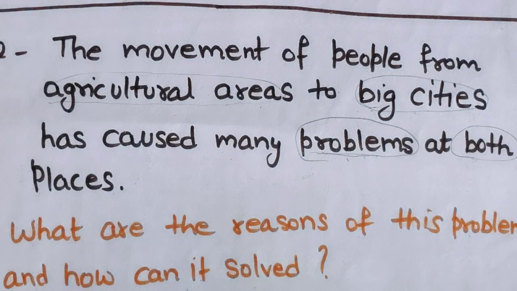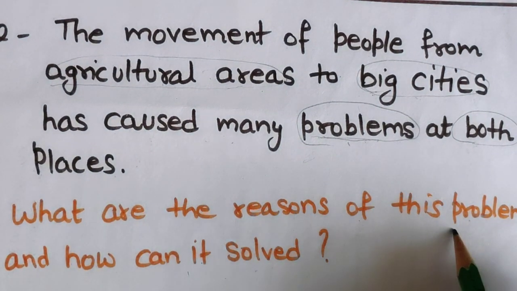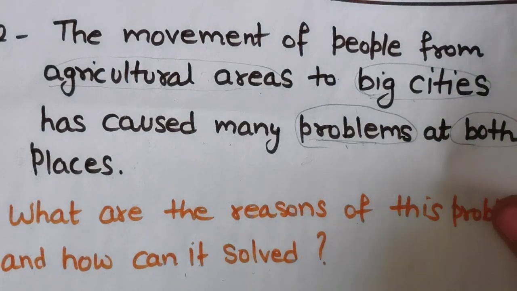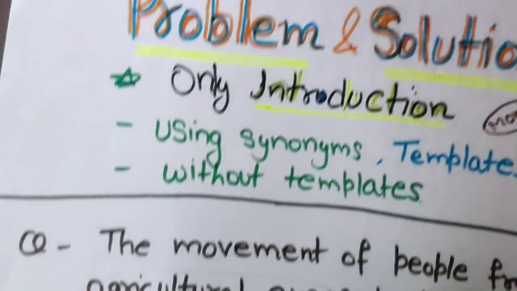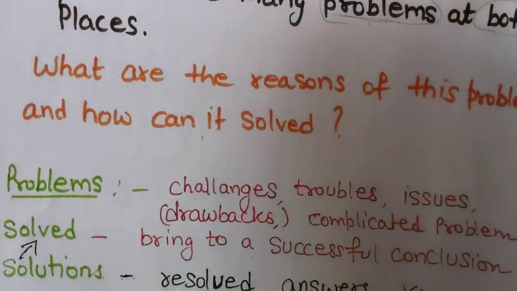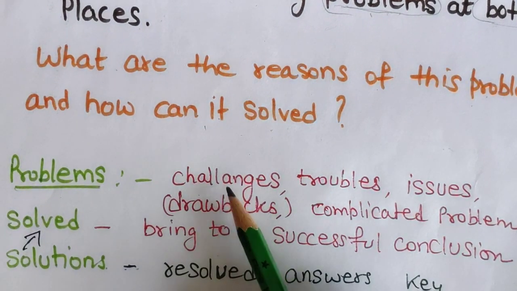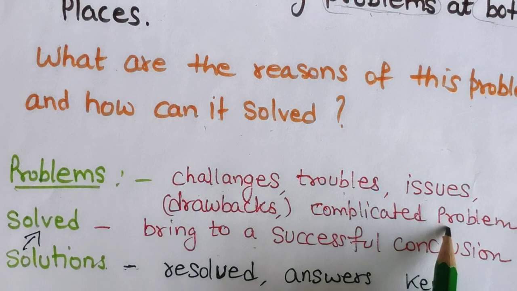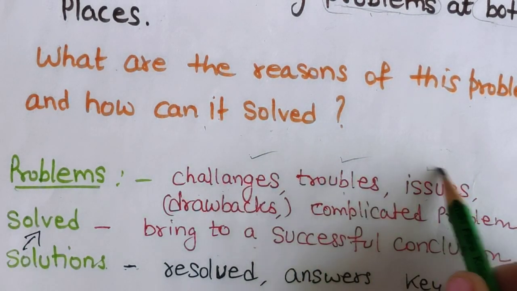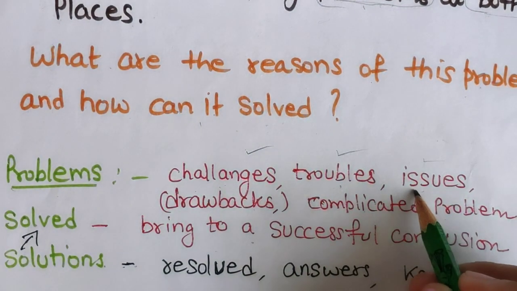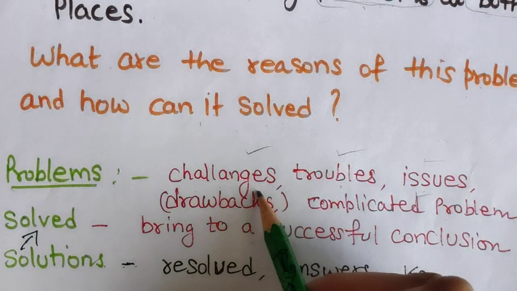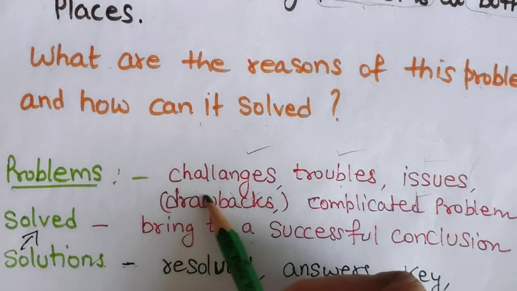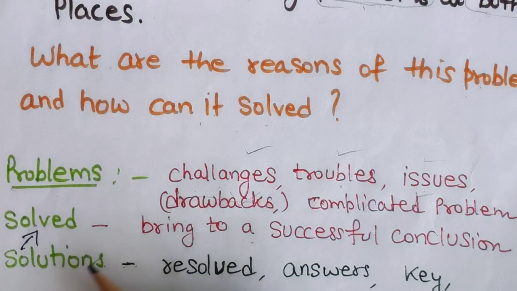Now for problems, what can we write? I will tell you. For problems we can write synonyms like challenges, troubles, issues, drawbacks, complicated problems. But drawbacks we should not actually use in these kinds of essays.